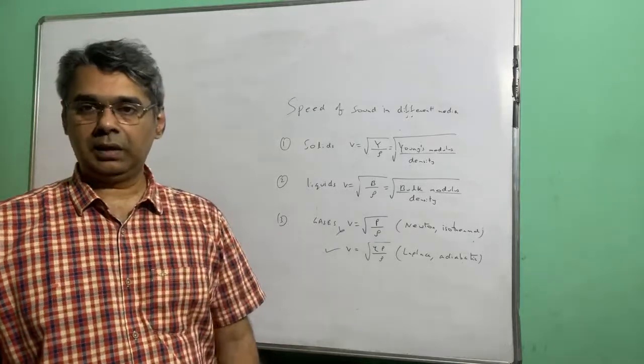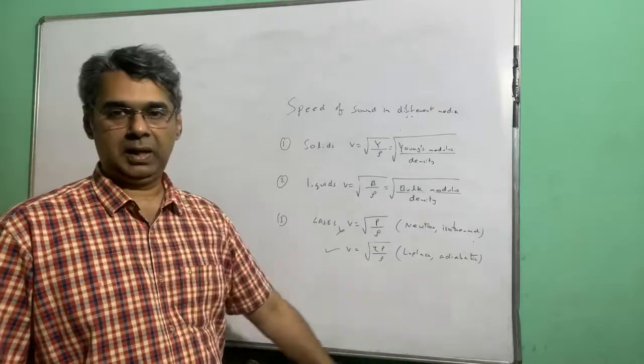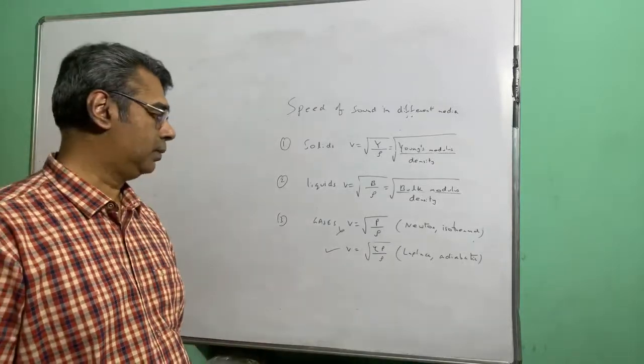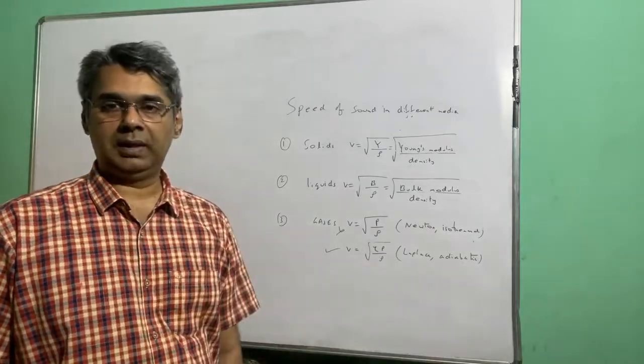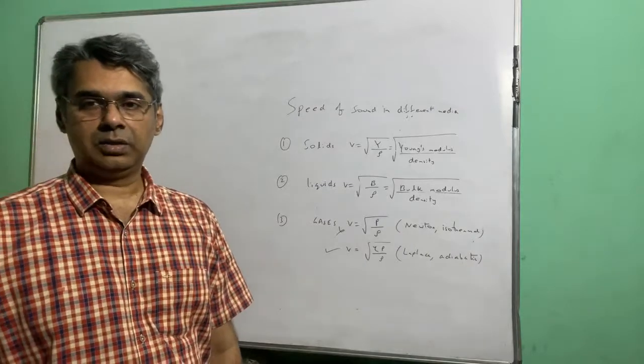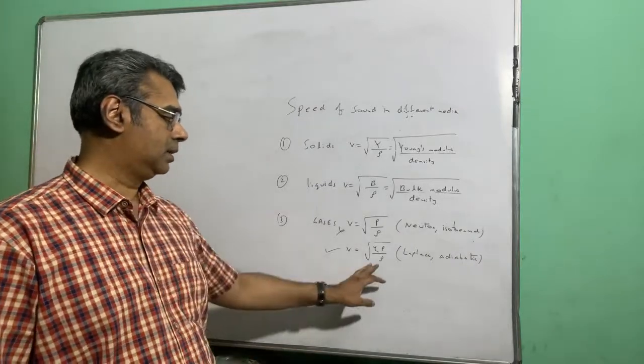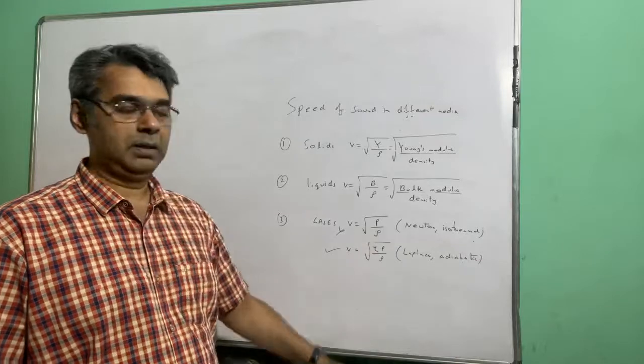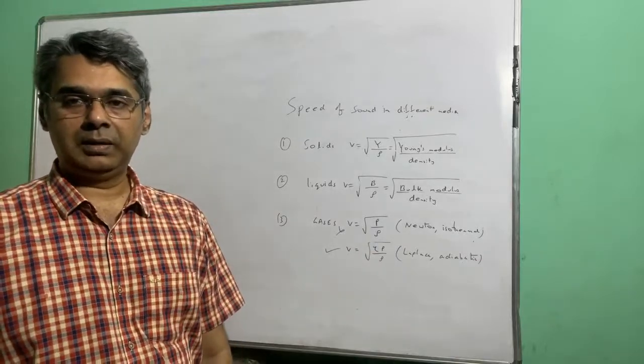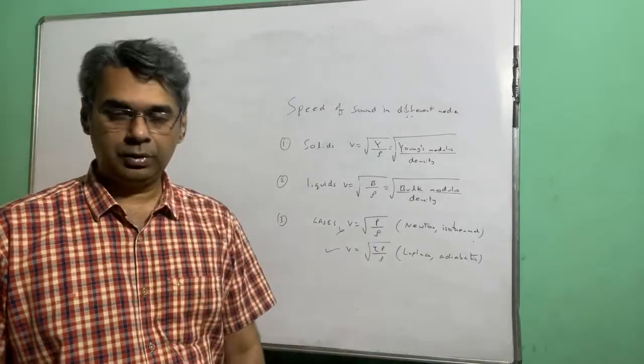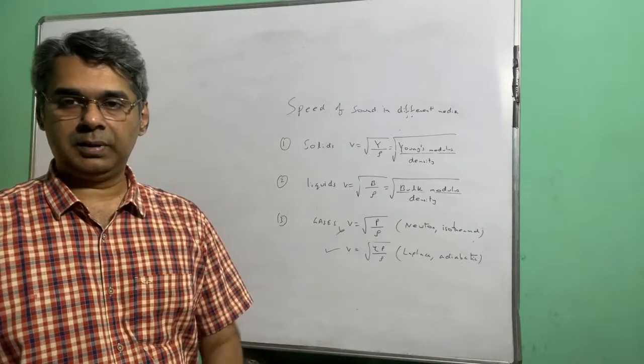But later on there was another scientist called Laplace, and he said that no, propagation of sound in a gas is adiabatic, it is not isothermal. So Laplace suggested that in this formula there has to be a multiplier gamma in the numerator. Gamma, all of you know, is adiabatic exponent Cp by Cv.